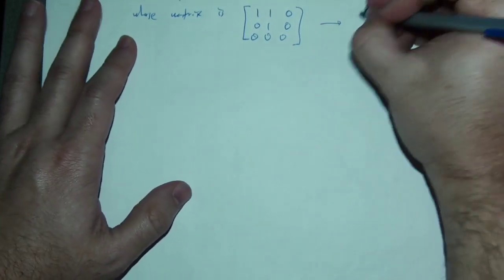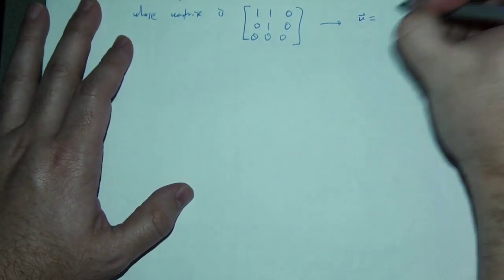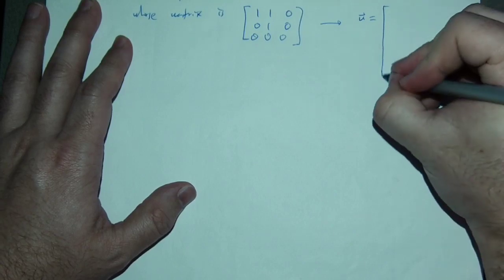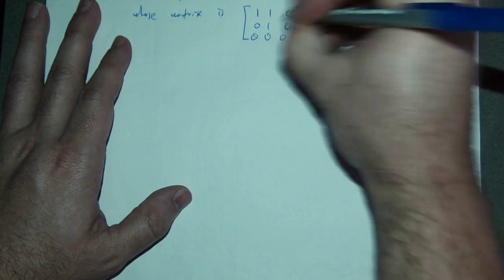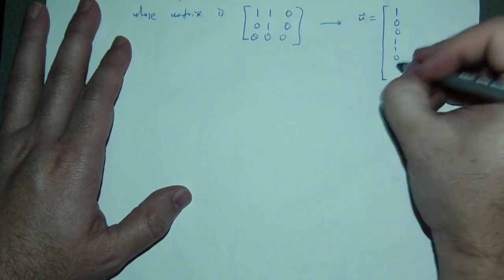Okay, so this gets unrolled to a vector I'll call u. So again, to unroll a matrix to a vector, you just go column by column. So 1 0 0 1 1 0 0 0 0.